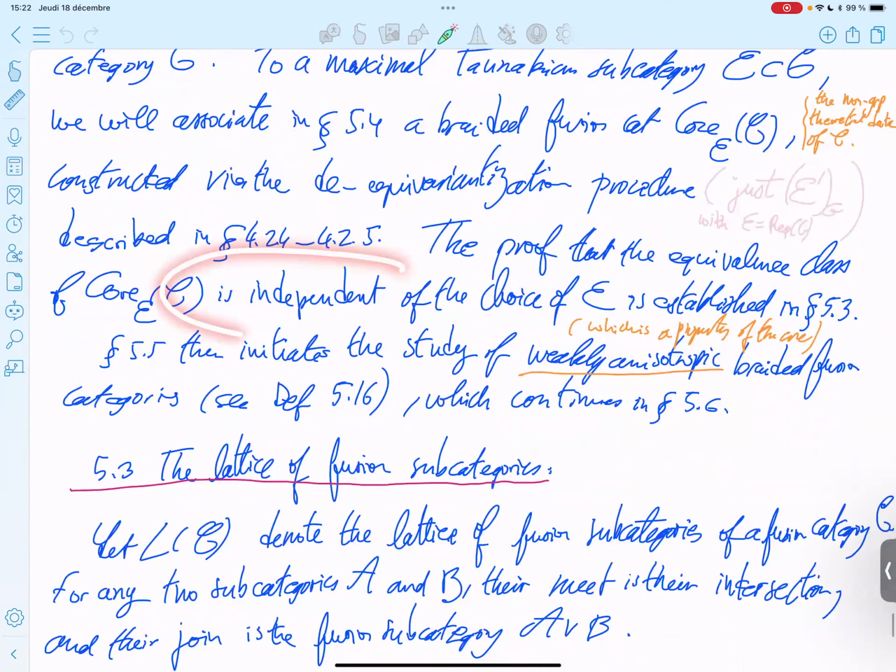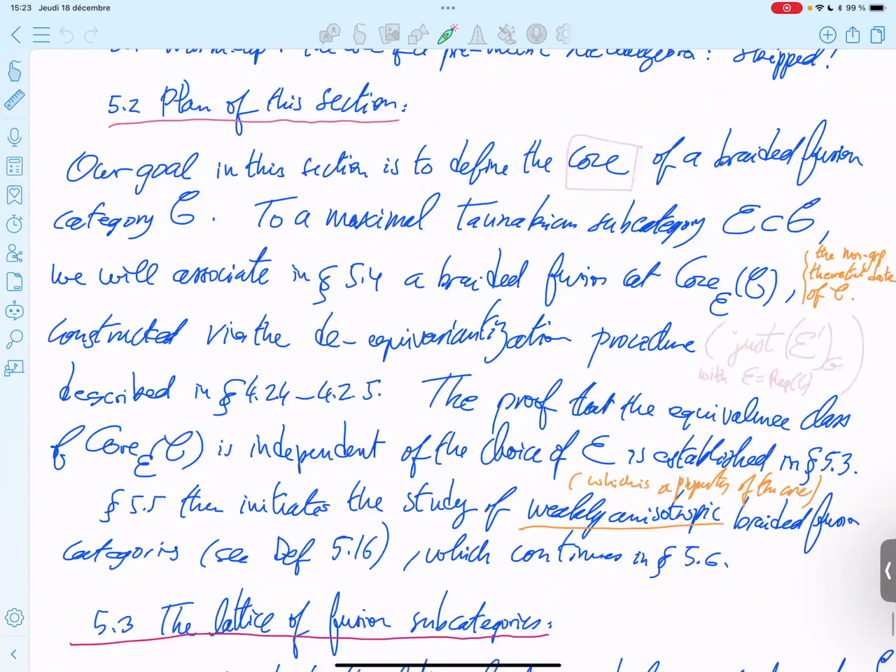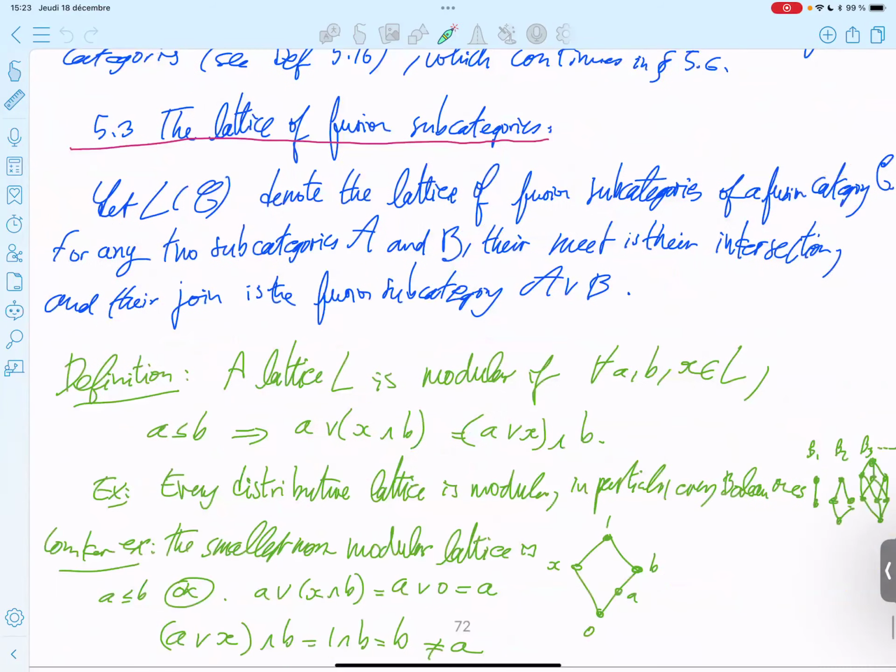And the core is what we will explain to be weakly anisotropic, which means it's a weak version of having no Tannakian subcategory, but in fact, as we will see, the core of the core is anisotropic. So the core of the core has no Tannakian subcategory except VEC. So that's very convenient.